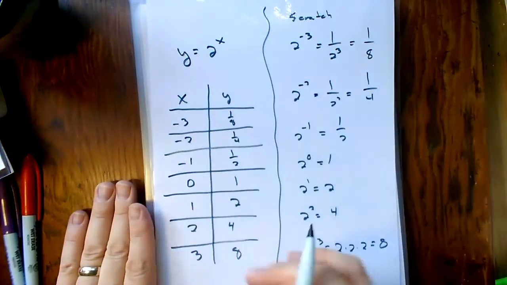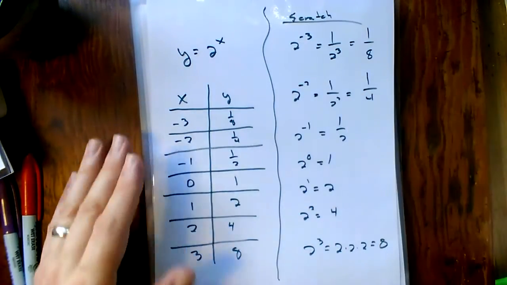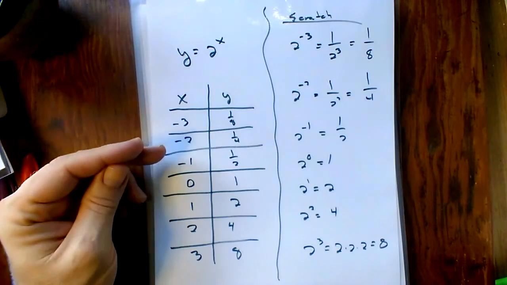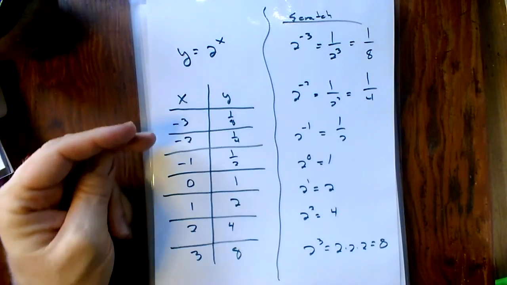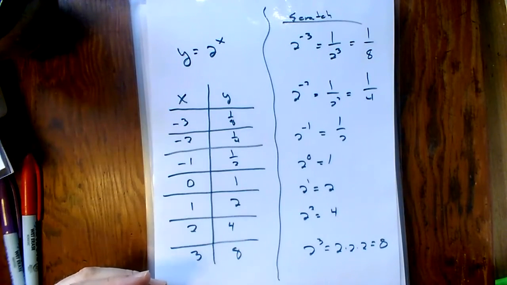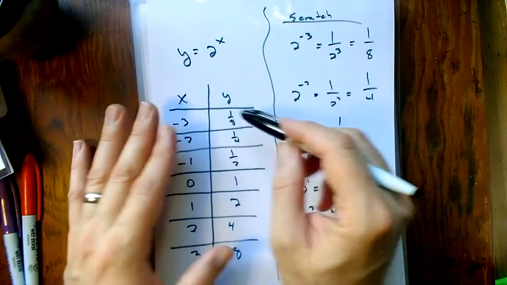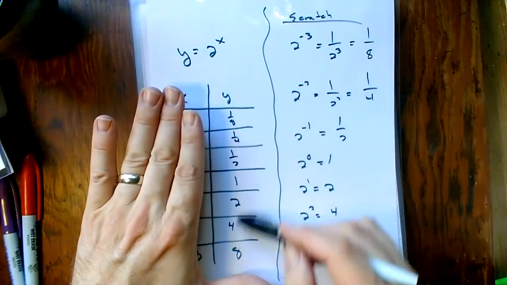So looking at this, we see no matter what the exponent is, even though the x can be negative, my value is never becoming negative.